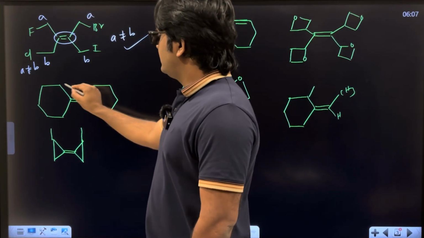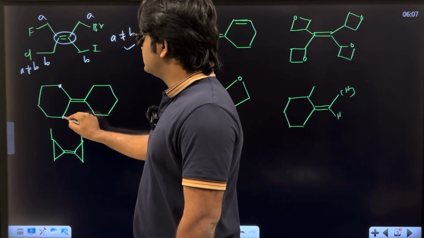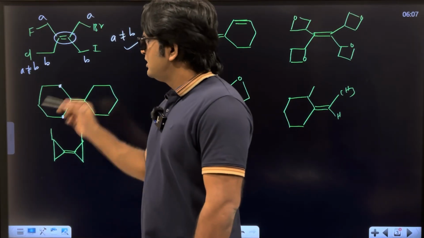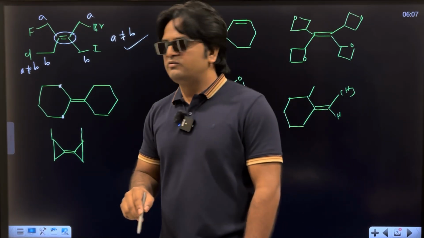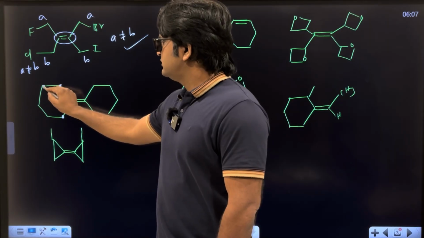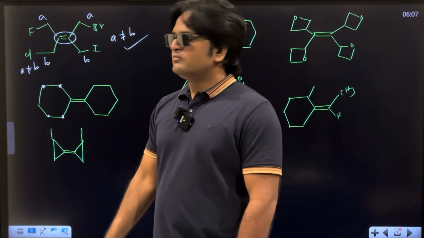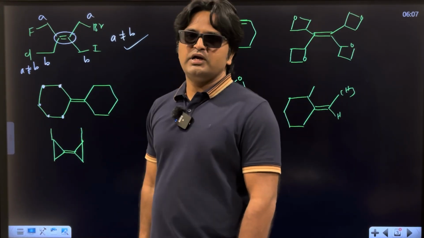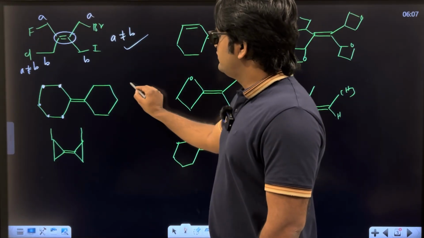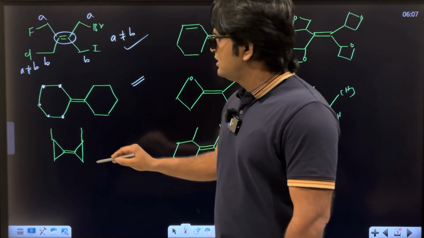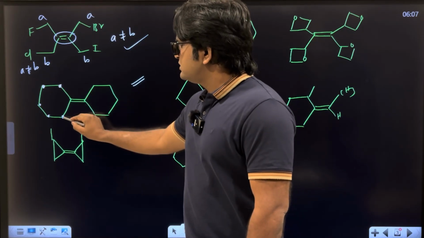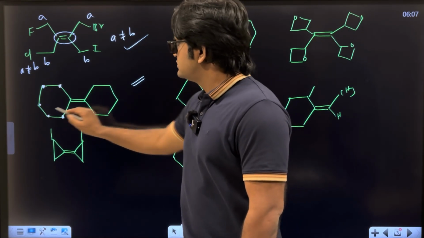Next one, let this carbon and this carbon be the same or different, exactly the same. For example, if the same connectivity is present, you had better go for the next connectivity also. Now here this one and this one are the same. And here is the common carbon atom. Whenever you have confusion, the same thing we apply in optical isomerism also. For example, here CH2, CH2 same, CH2, CH2 same.